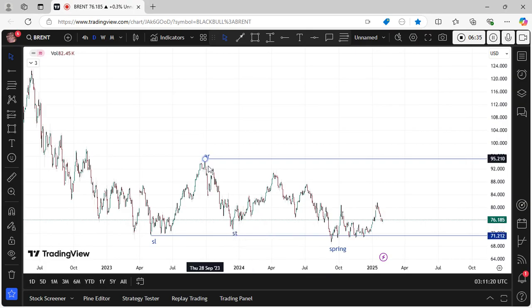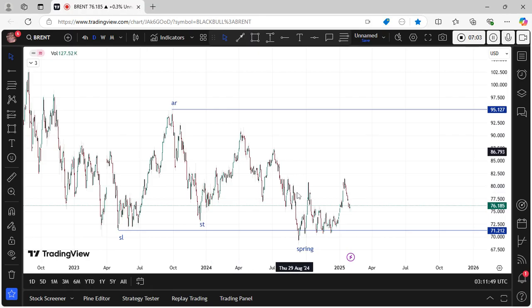After this automatic rally, price came down to make this low, but this low is below your selling climax. If we use volume confirmation, you'll see a pretty high volume at your selling climax.